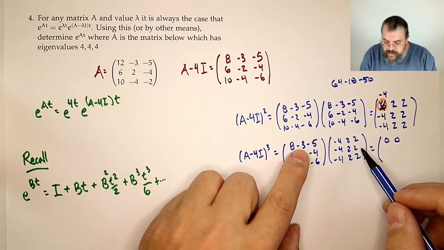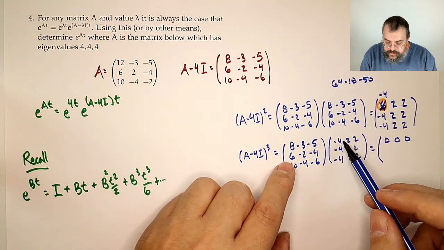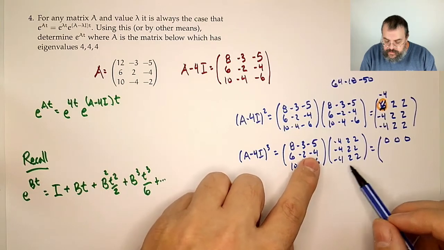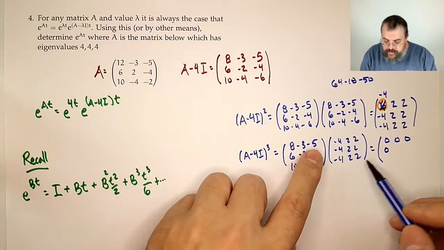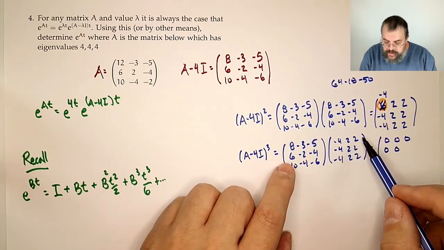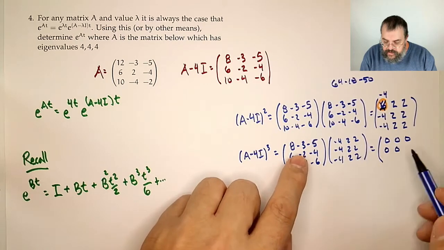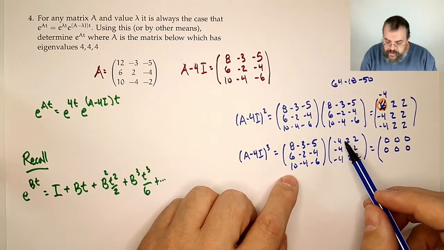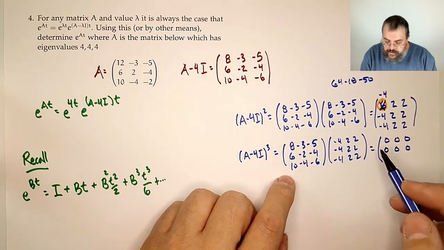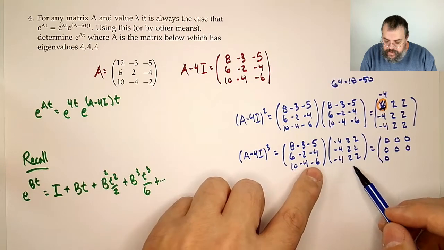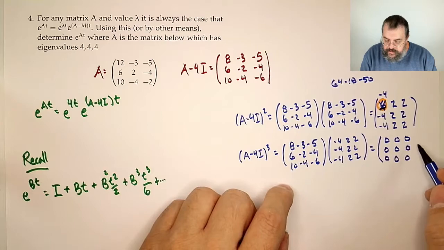Minus 24 plus 8 plus 16, 0. 12 minus 4 minus 8, 0. Minus 40 plus 14 plus 24, 0. 20 minus 8 minus 12, 0.